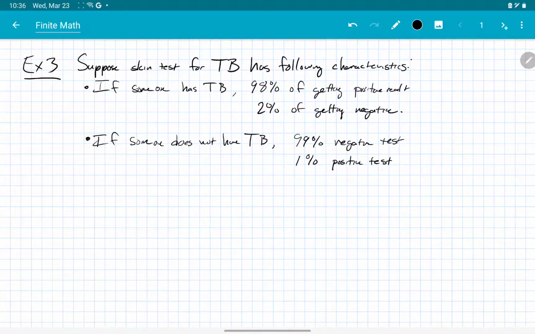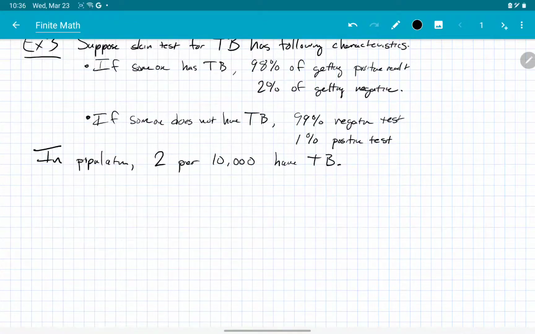And so now what we want to do, well, we have the following background rate. In general, in the population, 2 per 10,000 people actually have tuberculosis. Okay, now here's the question we have.